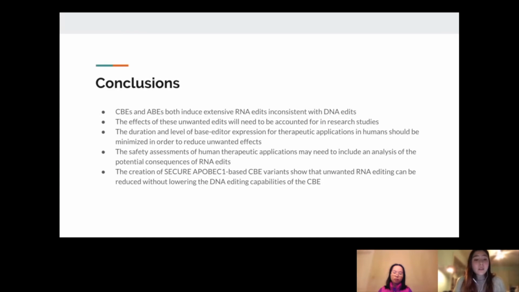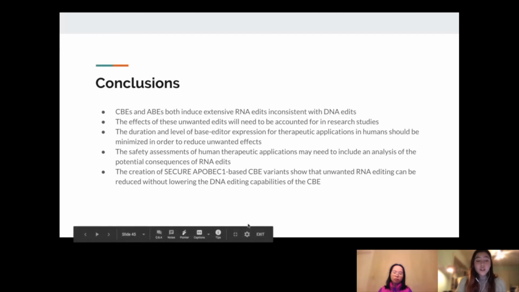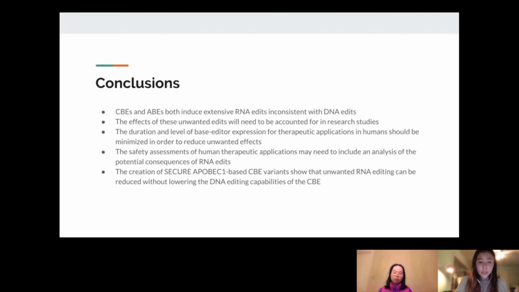The duration and level of base editor expression for therapeutic applications in humans should try to be minimized in order to reduce the unwanted effects. And because we have these unintended consequences, safety assessments of human therapeutic applications for these types of single base editors may need to include an analysis of the potential consequences from RNA edits.